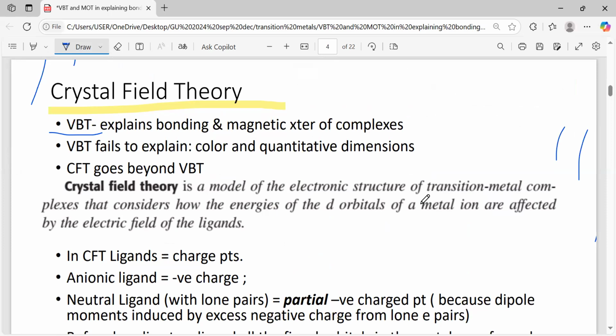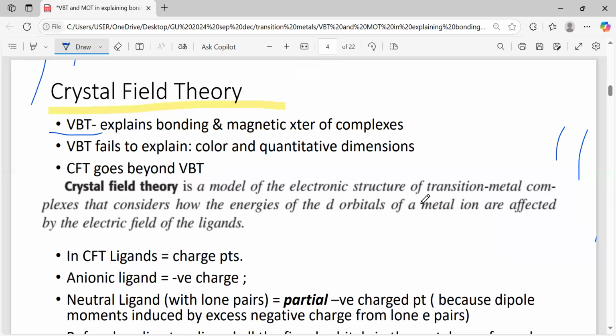What is CFT? It is a model of electronic structure of transition metal complexes that considers how the energies of the d orbitals of a metal are affected by the electric field of ligands. So ligands affect the energy levels of d orbitals.